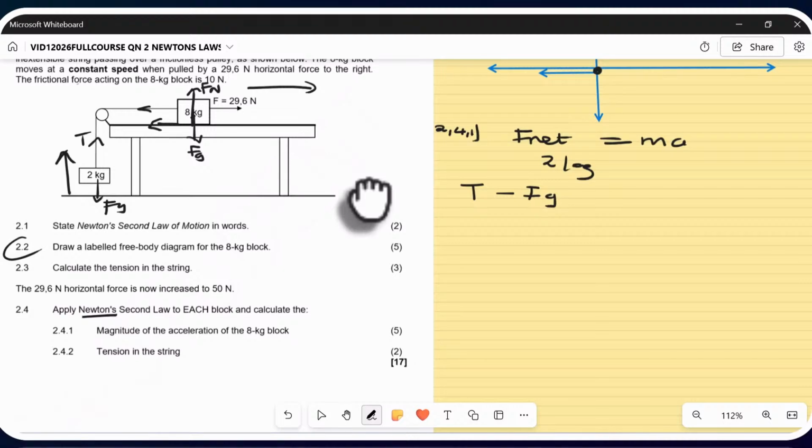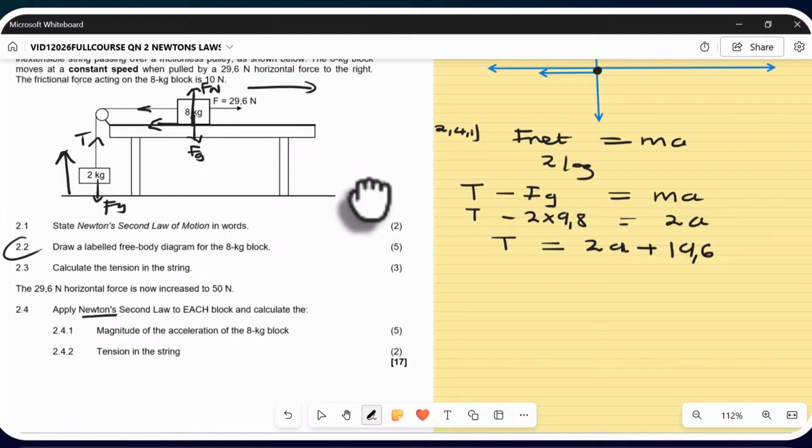We don't know this tension T, it's a new tension because of the increase in the force, but the Fg is still 2 times 9,8. So T minus 2 times 9,8 equals 2A, so our tension T equals 2A plus 19,6. Okay, that's equation 1.